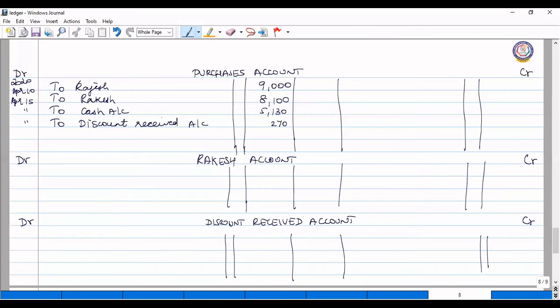So in Rakesh account on the credit side, we have to post the entry because we have credited his account in the journal. So on 2020, April 15th, we have credited Rakesh account because we have made purchases. How much is the value? 8,100 we are supposed to pay him.